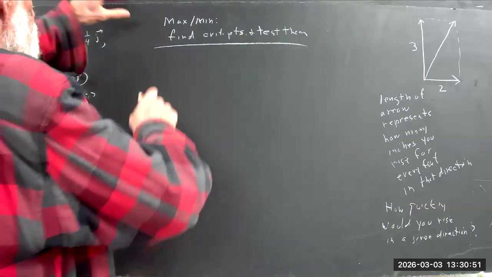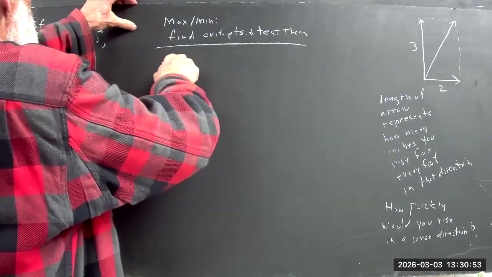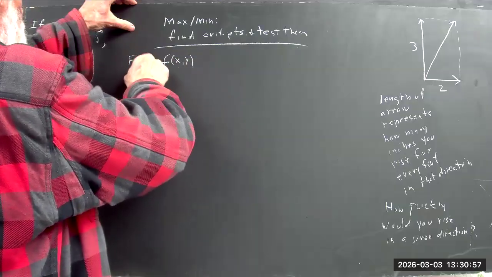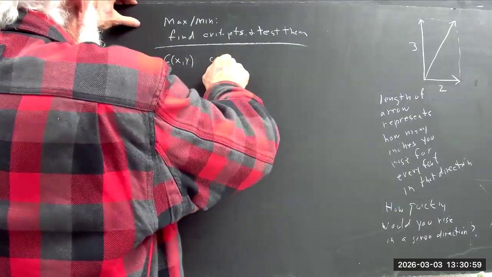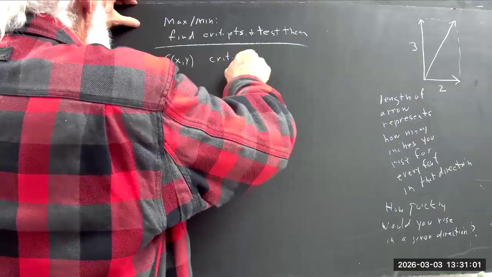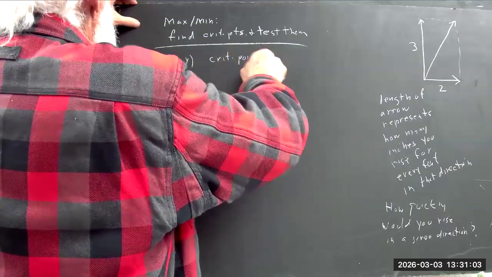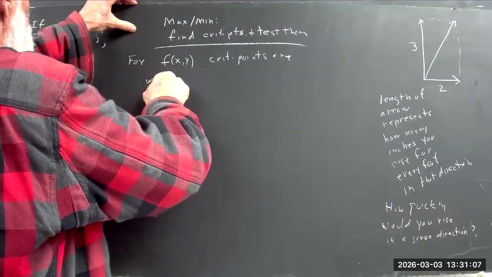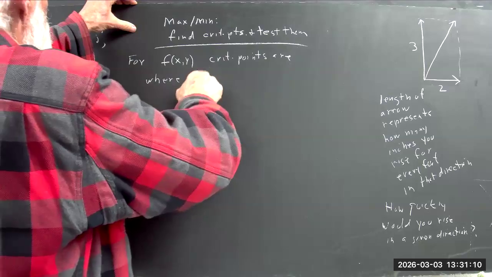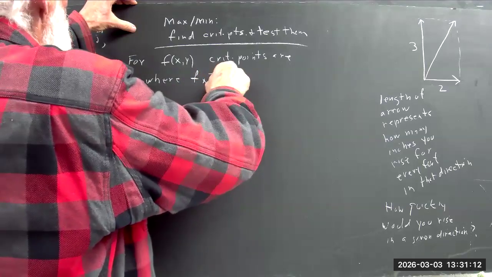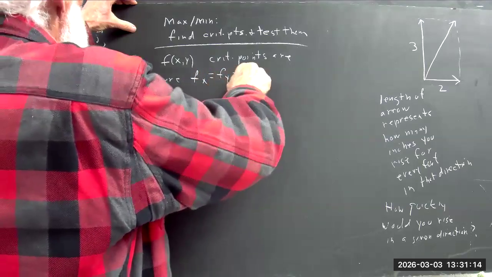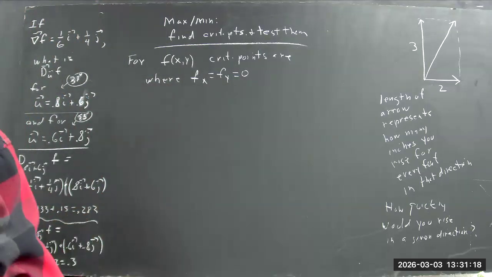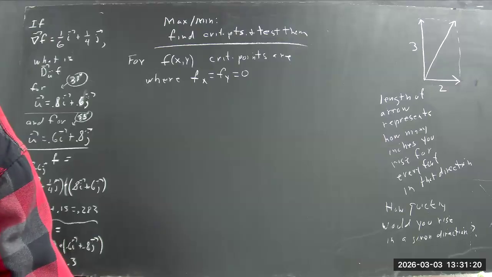For f of x, y, critical points are where your first partial derivatives are zero.